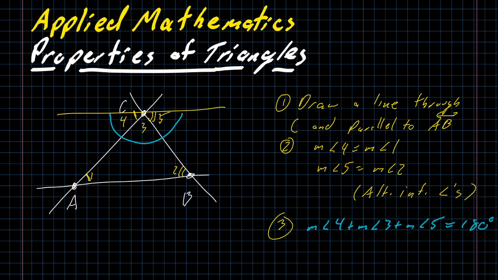And a straight line has a measure of 180 degrees. And then substituting, that means that the measure of angle 1 plus the measure of angle 3 plus the measure of angle 2 is also 180 degrees. 4 steps.